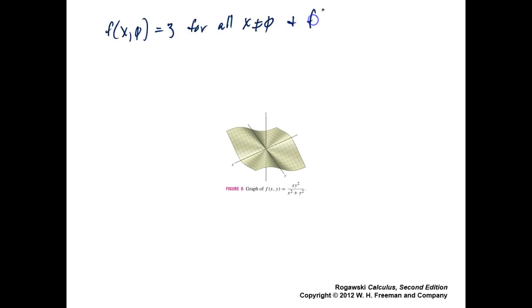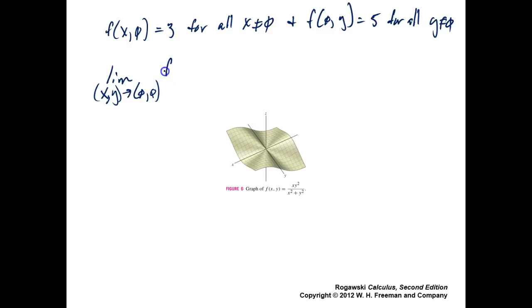And f of 0,y is equal to 5 for all y not 0. Okay? What can you conclude about the limit as x,y approaches (0, 0) of f of x,y? What can you conclude about that?